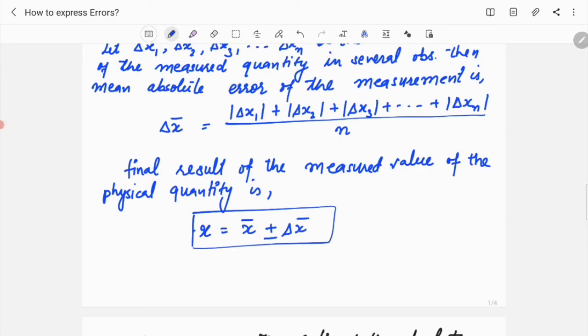We express any physical quantity in this way.